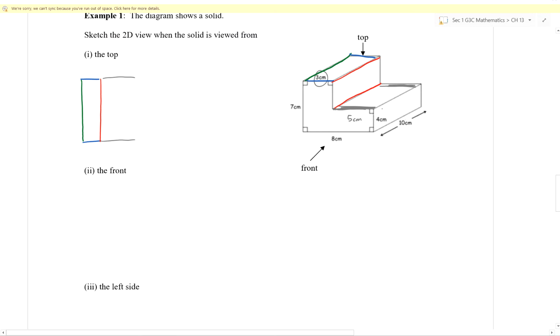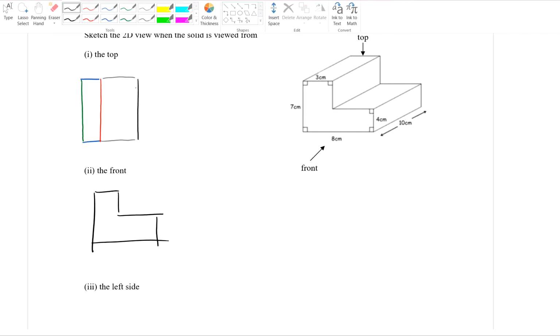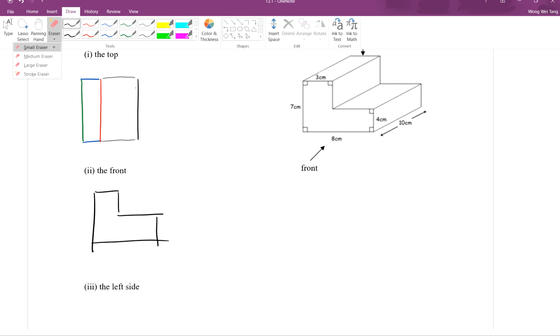And the final side over here. If we were to view it from the front, it is more straightforward. This is actually the cross-sectional area. So try to draw it to scale with a ruler.